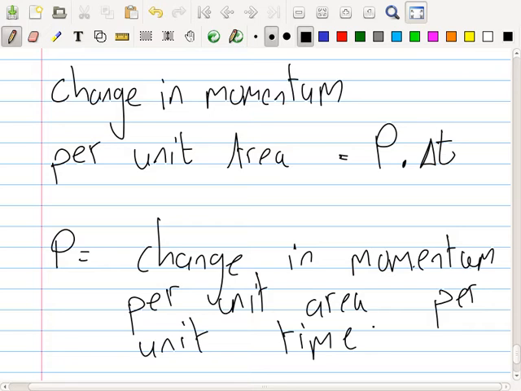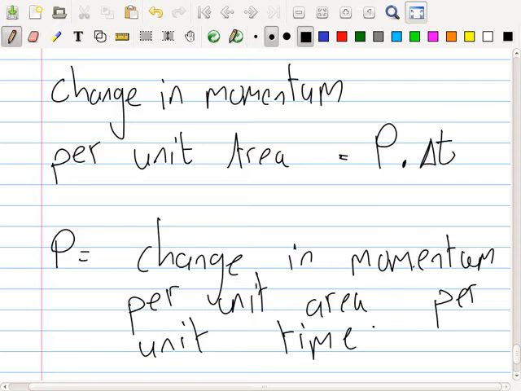The whole reason I'm doing this is so in your head you can think of high pressure as meaning the momentum changes a lot per second per area. It's another way to think about pressure: the change in momentum when the particles hit the wall.